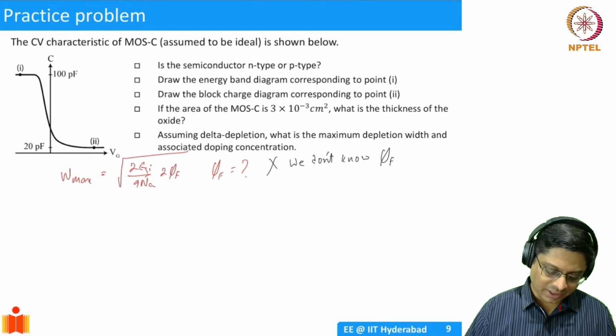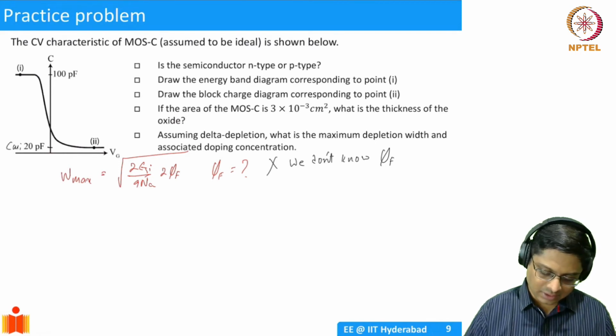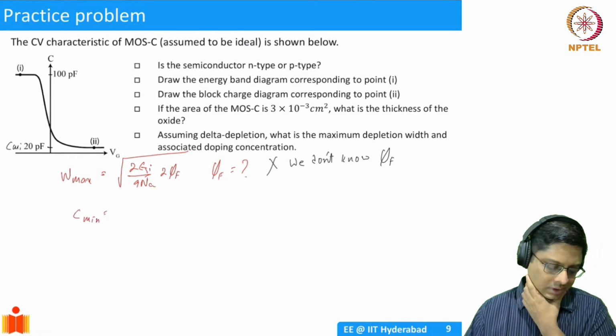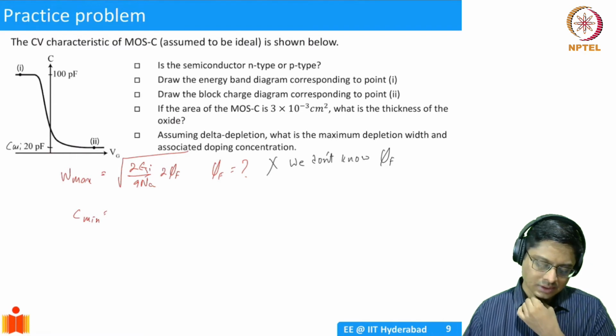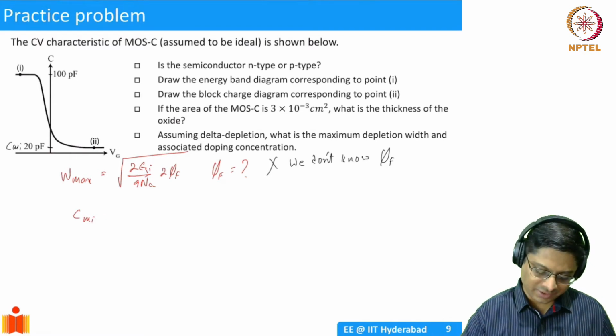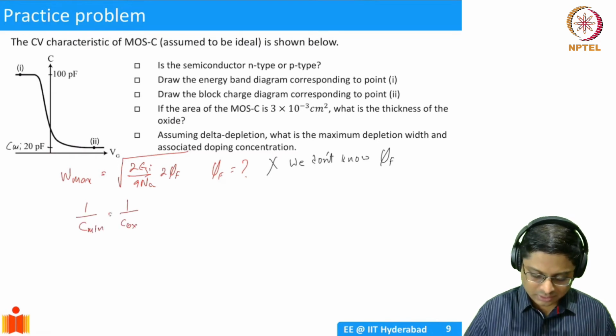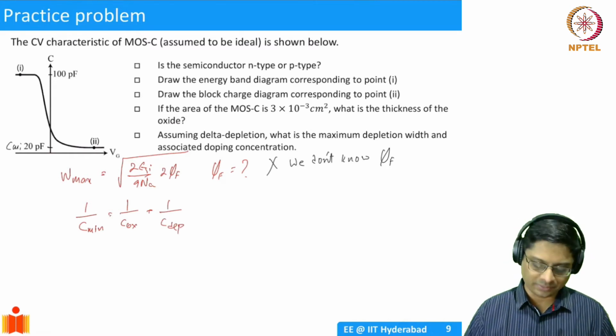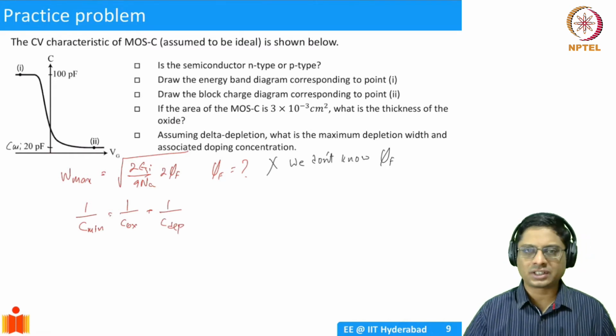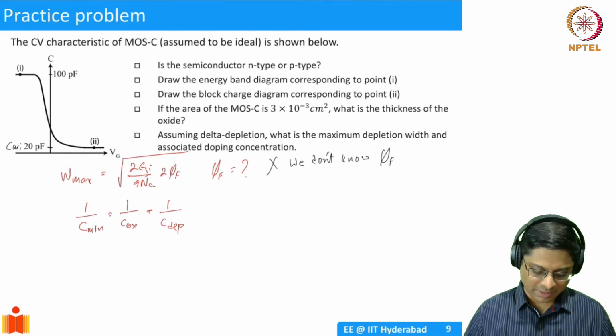this capacitance, whatever we call it, C min. If I call this as C min, let me write it in a different way. Instead of writing C min directly, I write 1 over C min is equal to 1 over C ox plus 1 over C depletion, right? We know this expression. It's a series capacitor, so we can write it like a parallel sum.